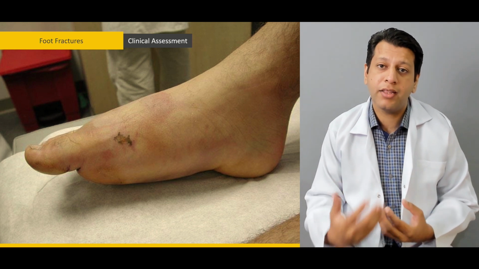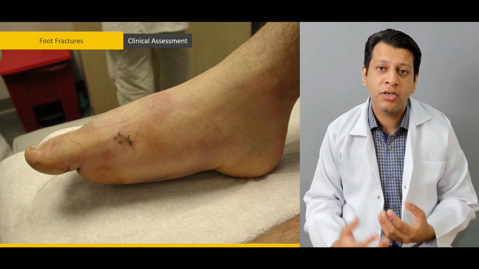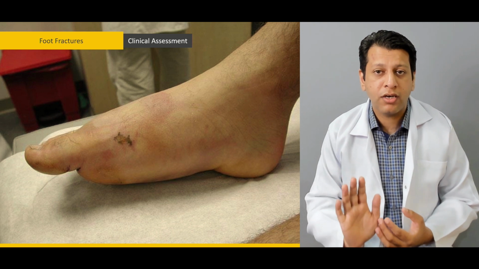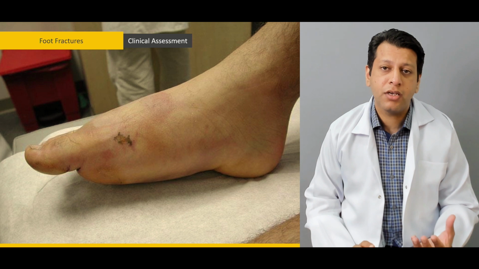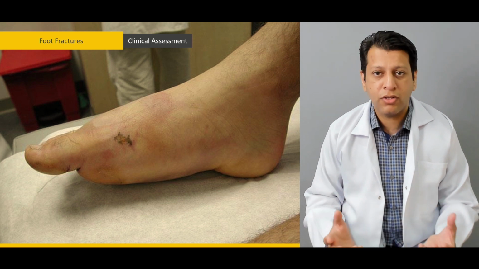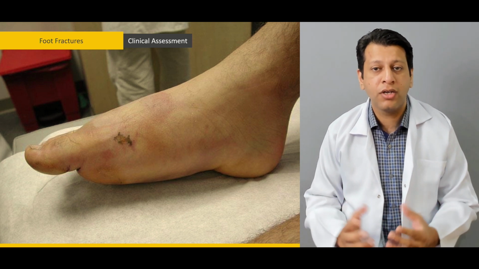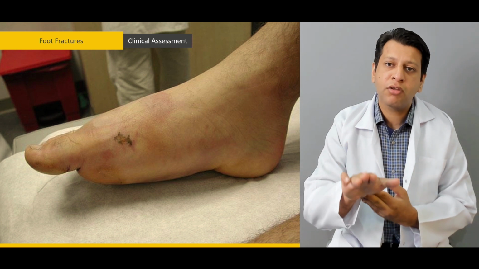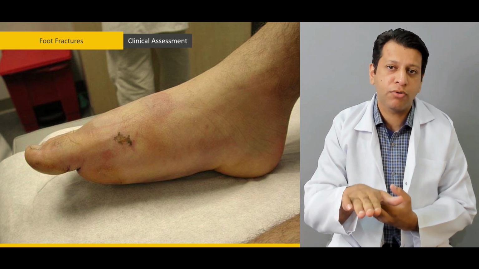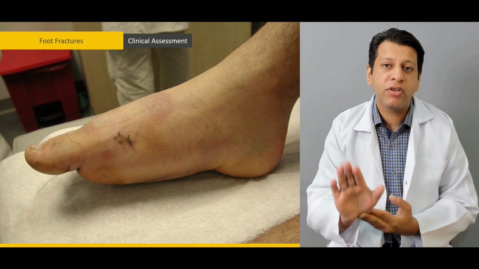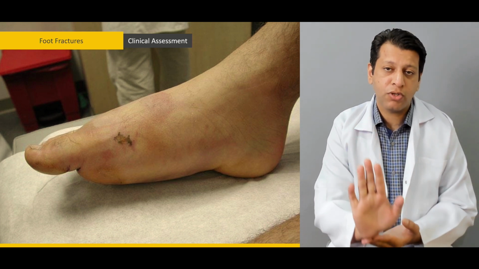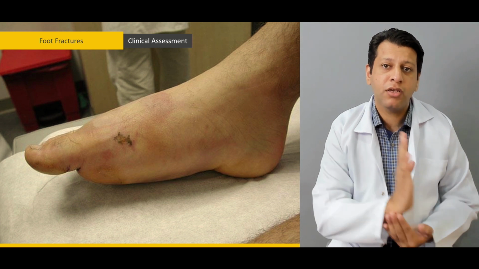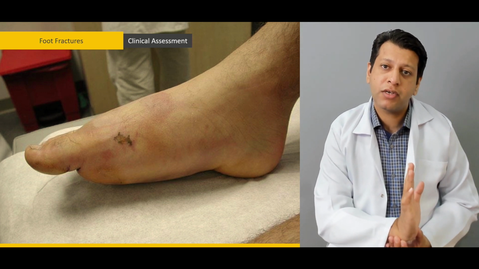Then, when they had that kind of RTA or crash, was their foot on the braking pedal, or was it on the accelerator or not? When you're pushing the accelerator, your foot is actually going into plantar flexion. But when you're applying brakes to the car, this is a general tendency, your foot is in some form of dorsiflexion.